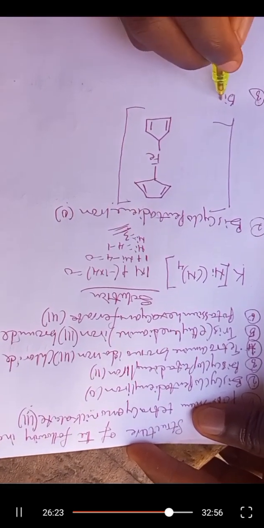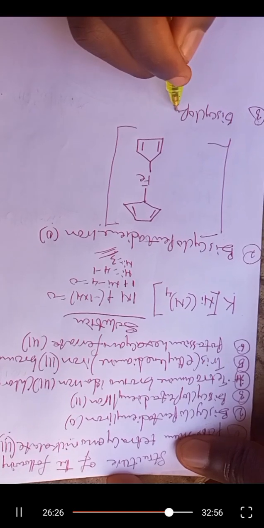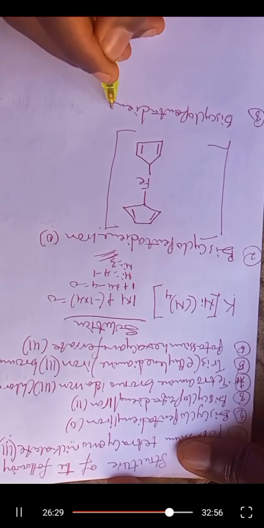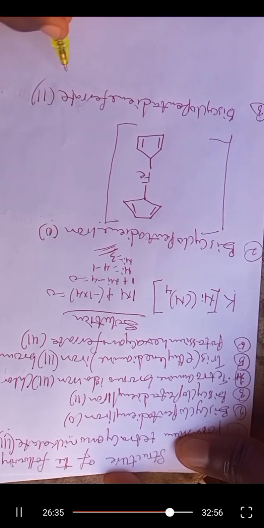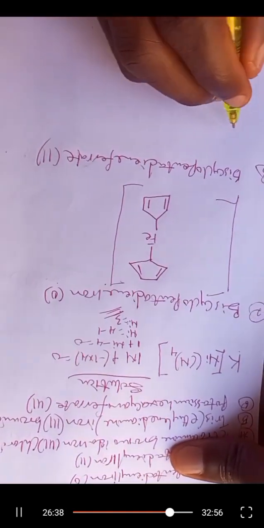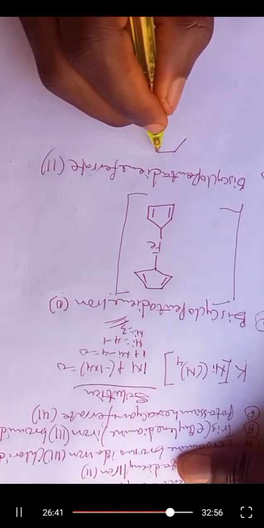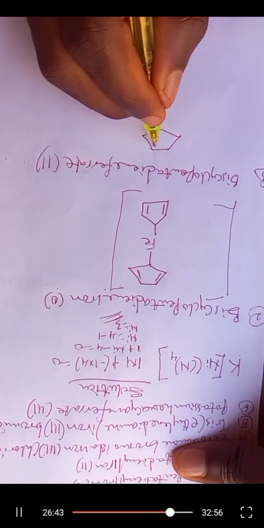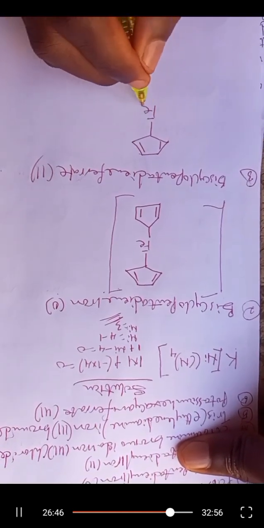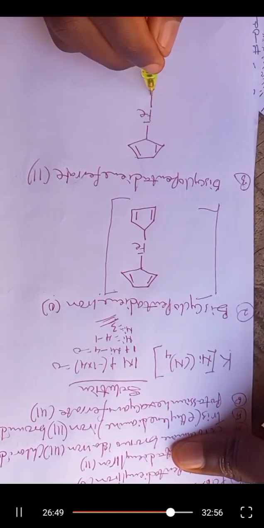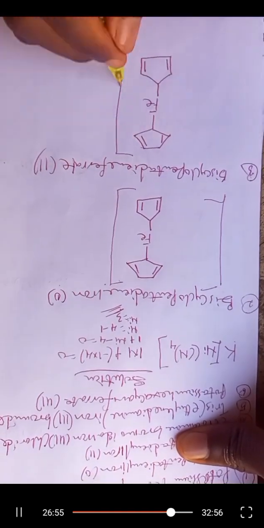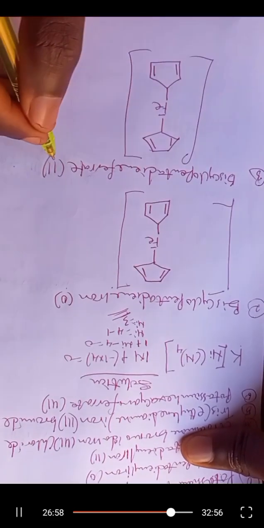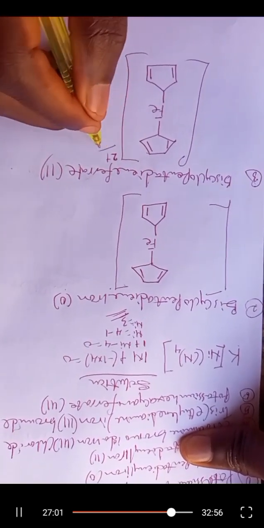Let's say you have something like bis(cyclopentadienyl)iron, or ferrocene, ferrocene(II). If you have something like that, just say Fe, then you have a big parenthesis like this. You put the number here, which is 2. You put 2 plus here.